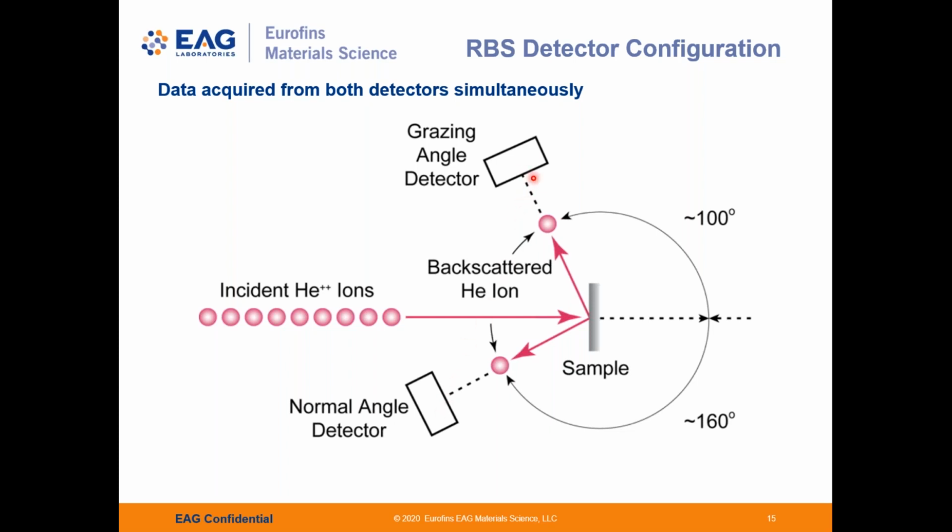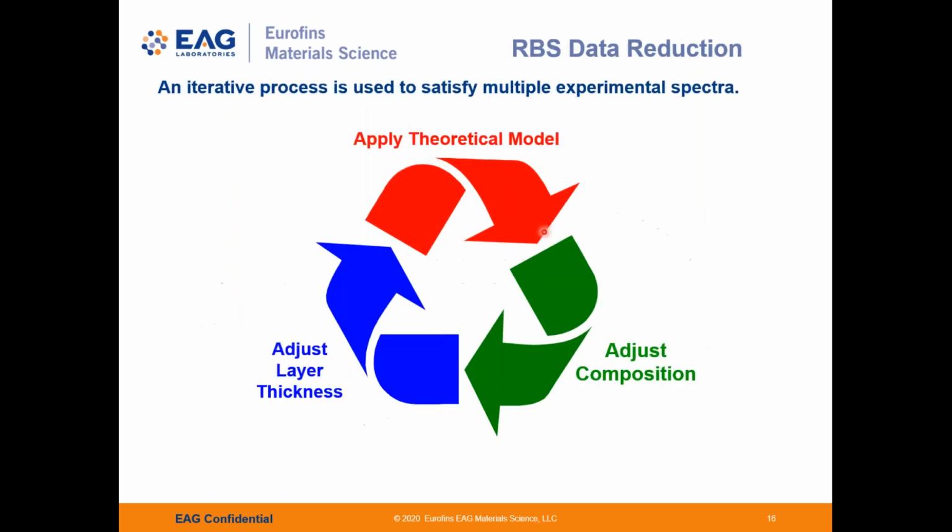Once we have acquired the data, we need to fit this data to a structural model of the film. The process begins with an initial guess, then is successively improved. Fitting the data includes satisfying multiple spectra and is an iterative process to achieve self-consistency.